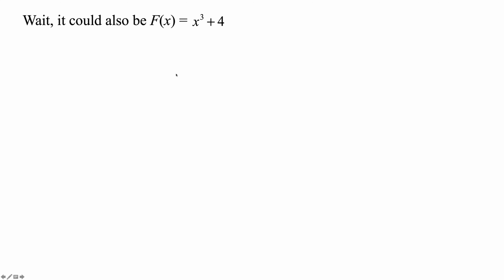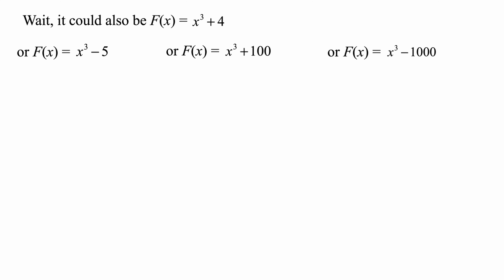What about our constants? Our antiderivative function, capital F of x, could be x to the third plus 4. Because remember, when you take the derivative of a constant, that's a 0. So you could have x to the third minus 5. You could have x to the third plus 100. You could have x to the third minus 1,000.